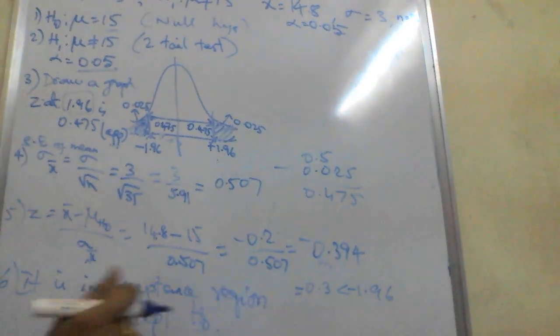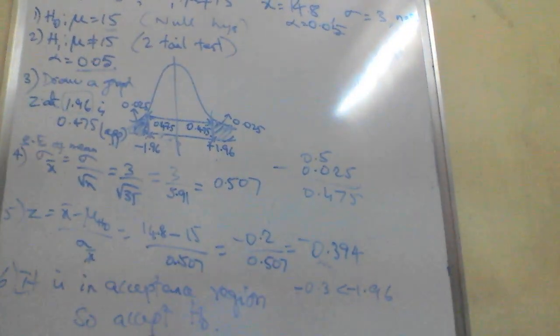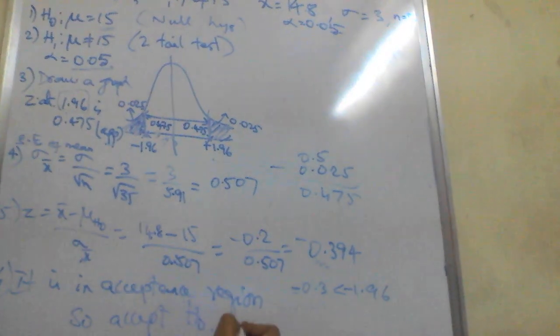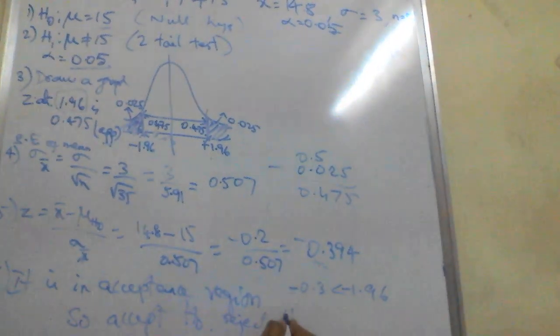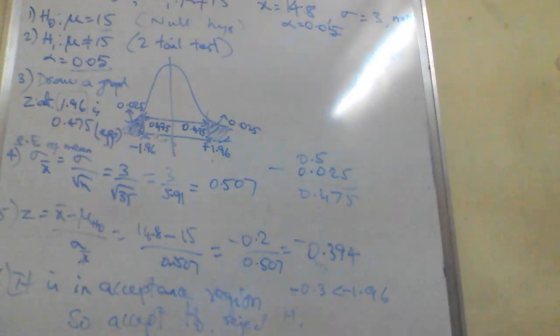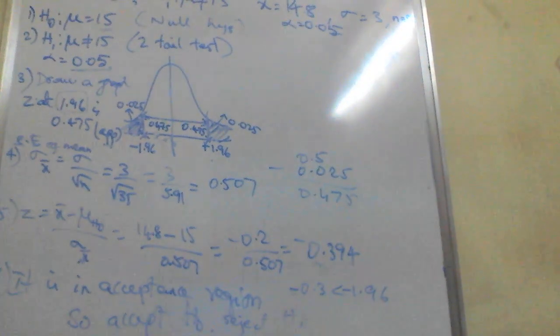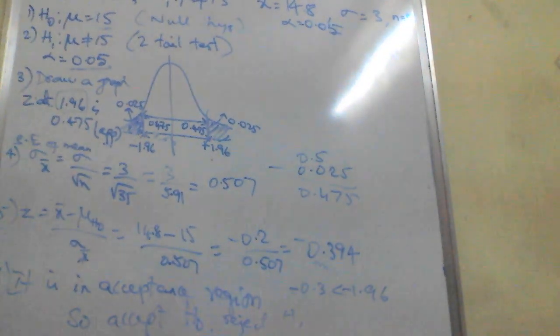So we accept the null hypothesis, accept H naught, and reject the alternate hypothesis. If it is in the rejection region, you reject the null hypothesis and accept the alternate hypothesis.